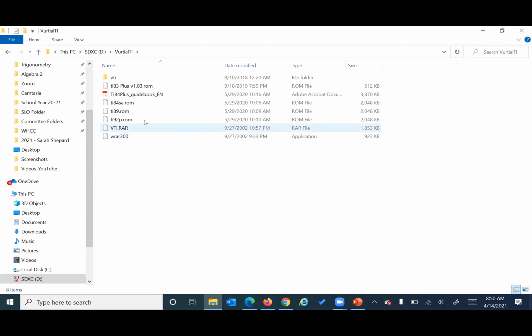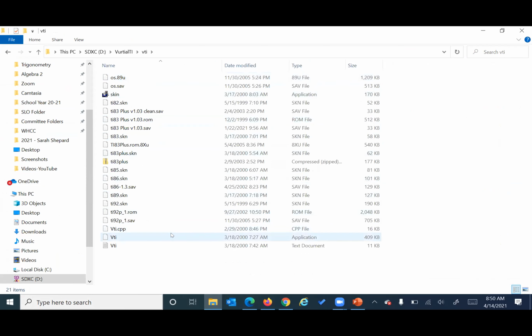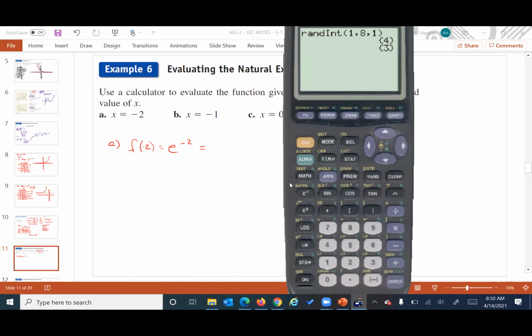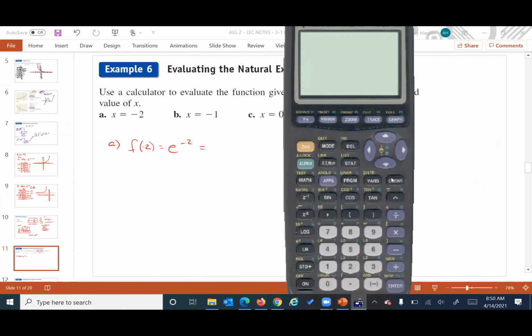So let's go for it here. I think the e is over here, above the division marker. No, it's over here with the LN button.